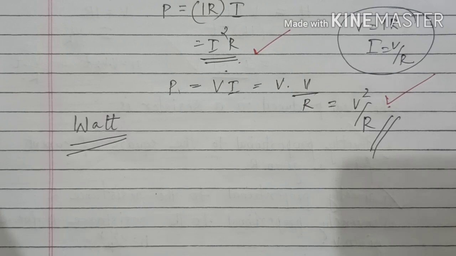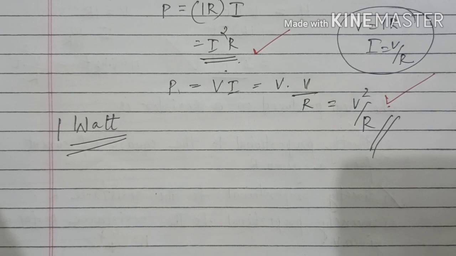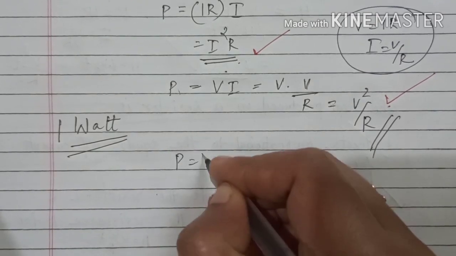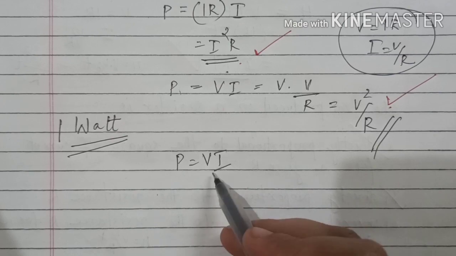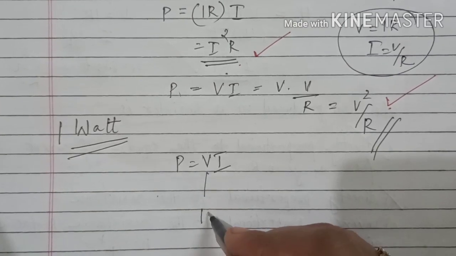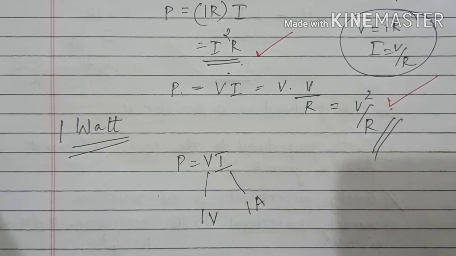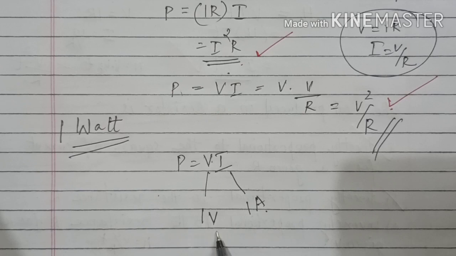Clear? So how will you define 1 watt? If it is asked to define 1 watt, how will you define? You have the expression P is equal to V into I. So if V is 1 volt and I is 1 ampere, I is the electric current having unit ampere and V is potential difference having unit volt, P is what?